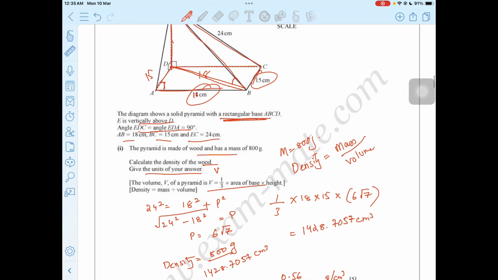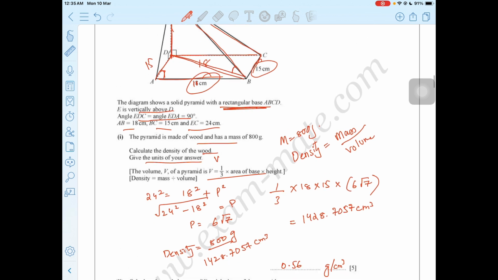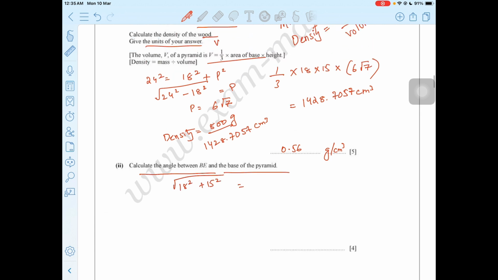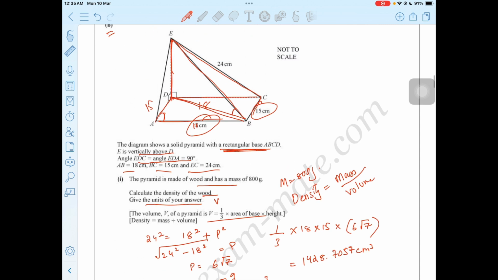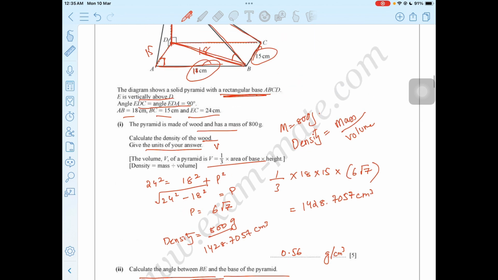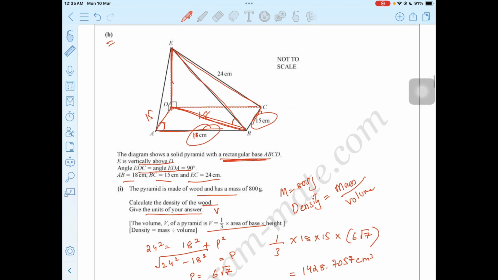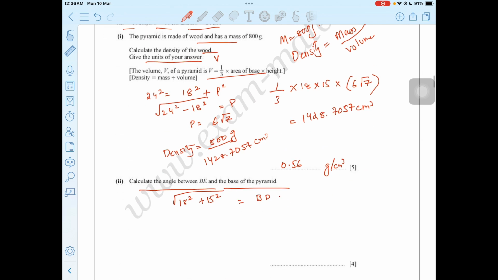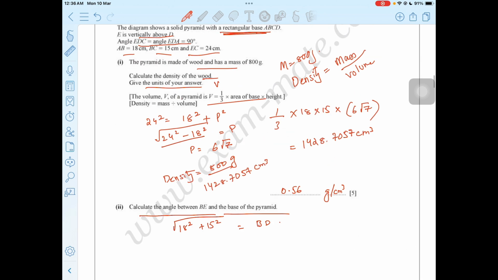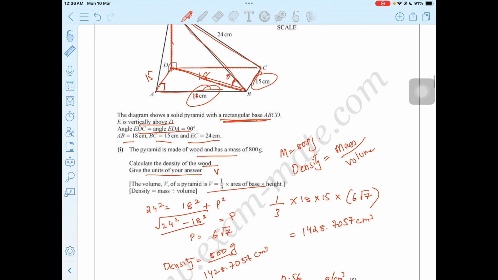So this would be the square root of 18 squared plus 15 squared, right? So we will get our answer as this BD, right? And then we have our height as DE, which is the square root of 24 squared minus 18 squared. So we need to calculate this theta. We have this as perpendicular and this as base, right?